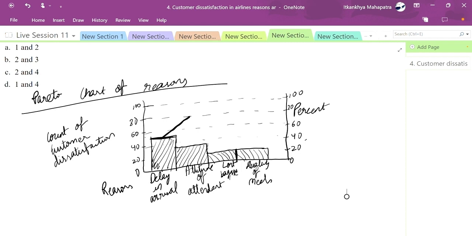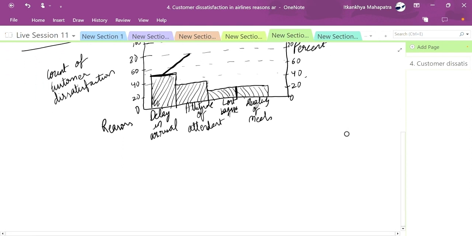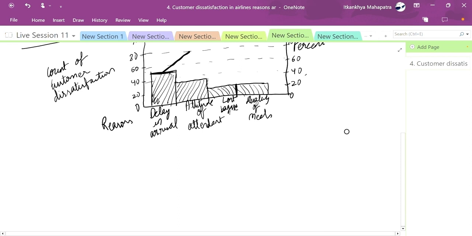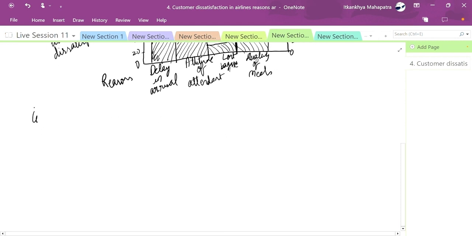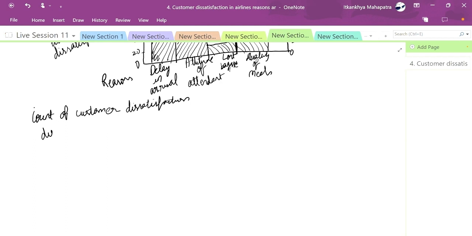So the count of customer dissatisfaction is 50, so the percentage is 50 and the cumulative percentage is 50%.